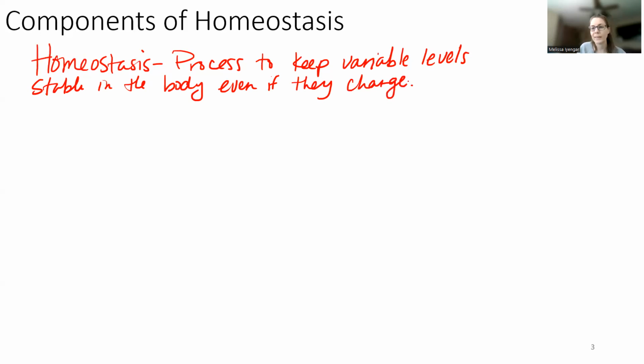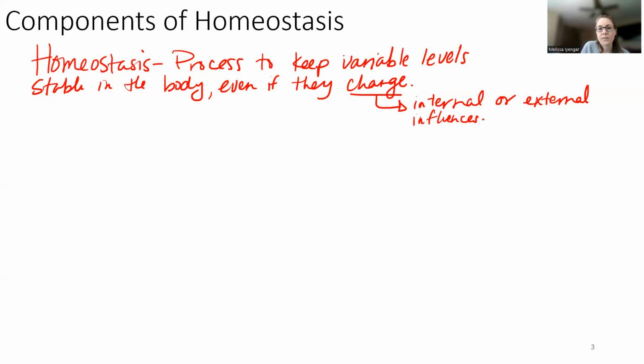I know you shouldn't really need that whole change part, but I need you to understand that those variable levels will change. They'll change because of internal or external influences.